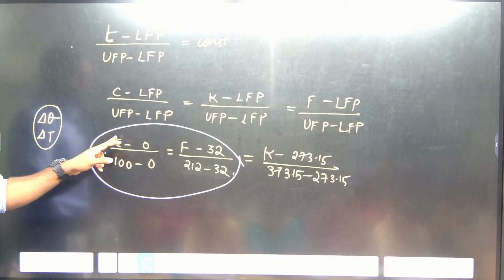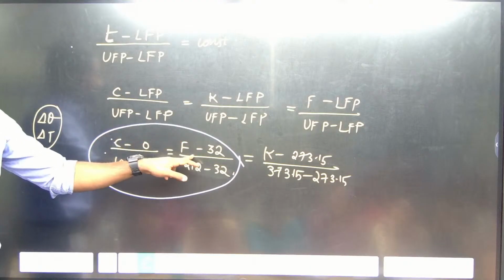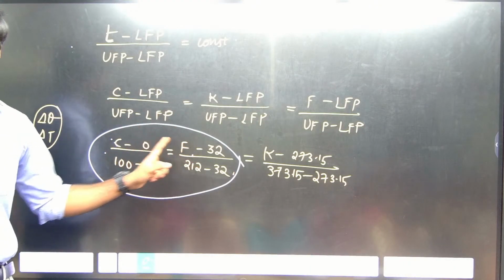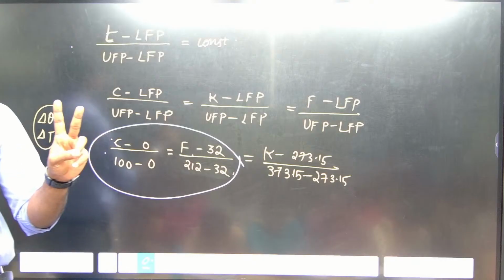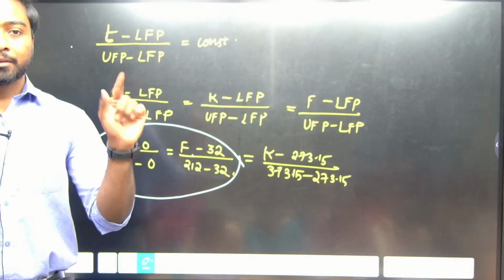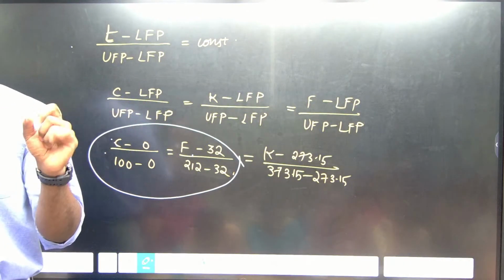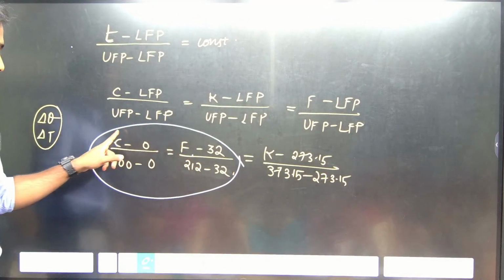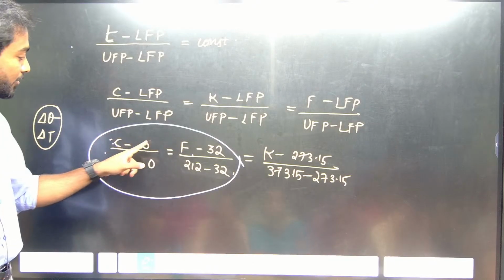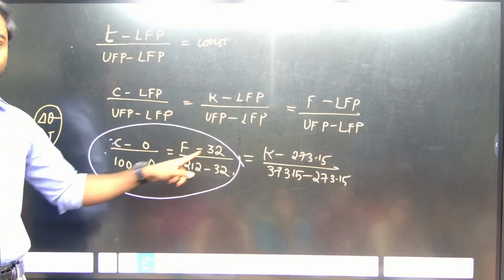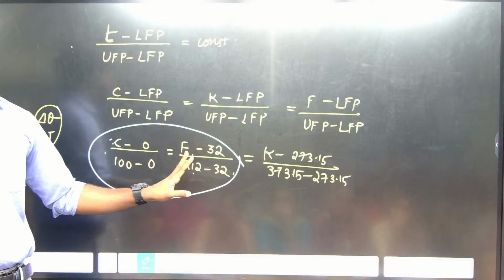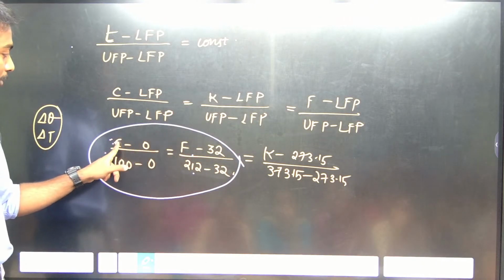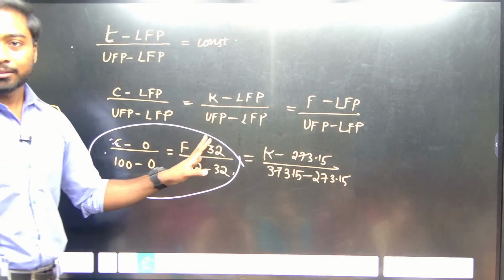Either take C in terms of F or F in terms of C. So (F minus 0) by (100 minus 0), or (F minus 32) by (212 minus 32), equals C. Then find the value.